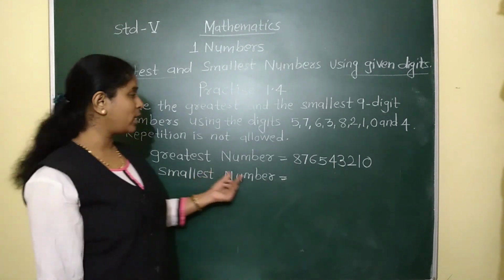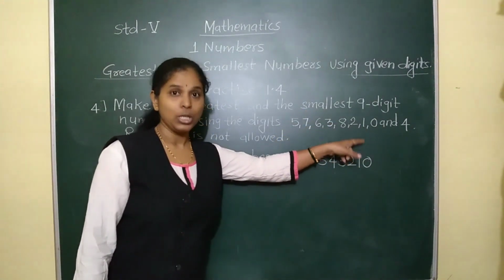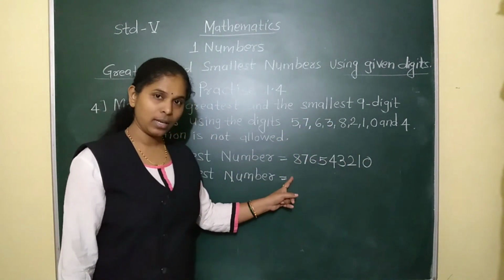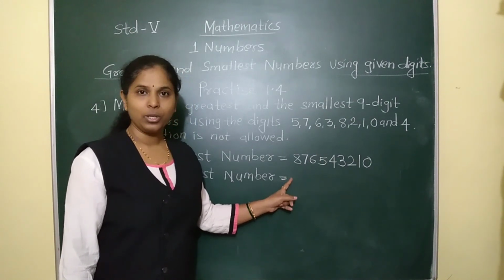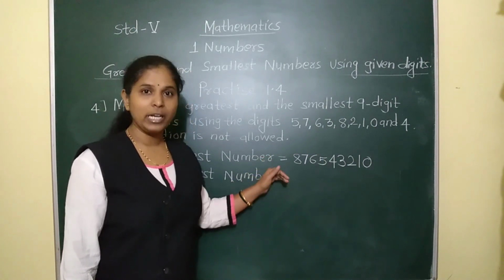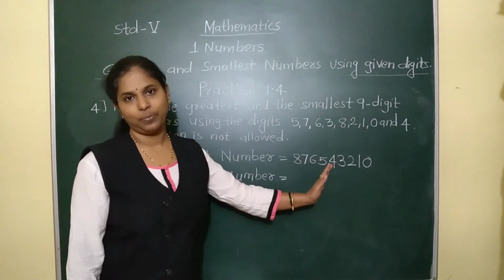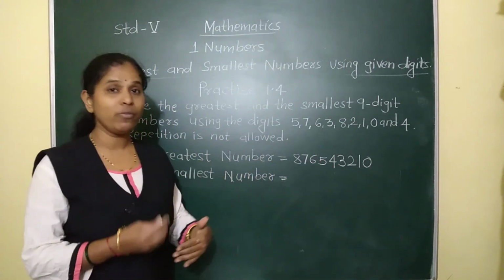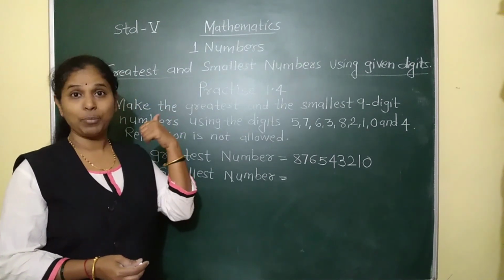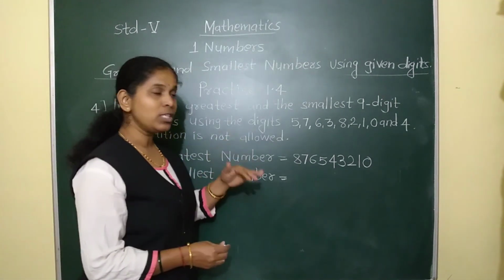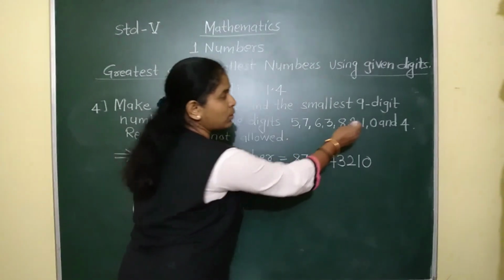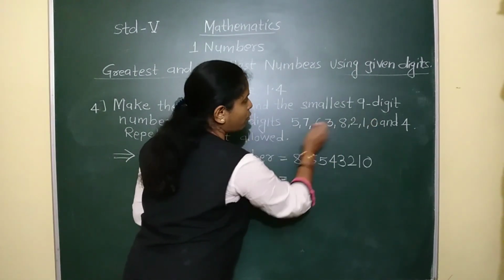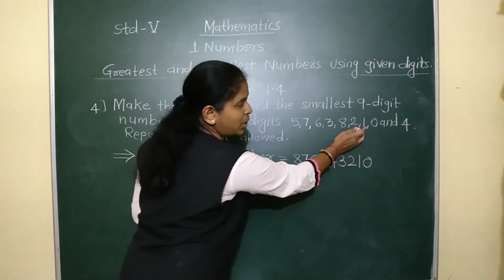Now to write the smallest number, see, again 0 is there. Should we write 0 in the beginning at first place? No, because if we do so, it will make the 8-digit number, not 9-digit, and we want 9-digit. So again what we have to do? See, like in previous question what we did, first we leave 0 and see which is the smallest digit from the remaining, 1.